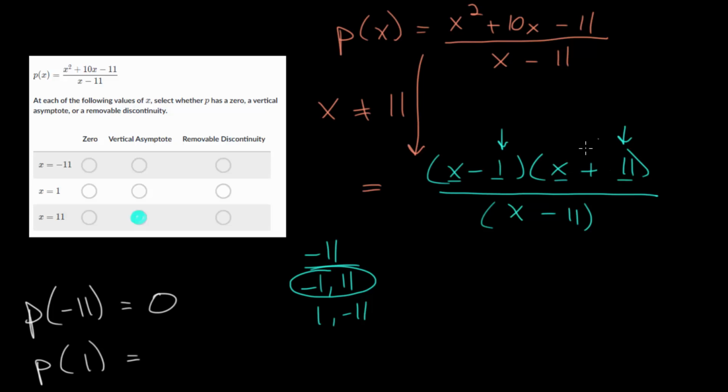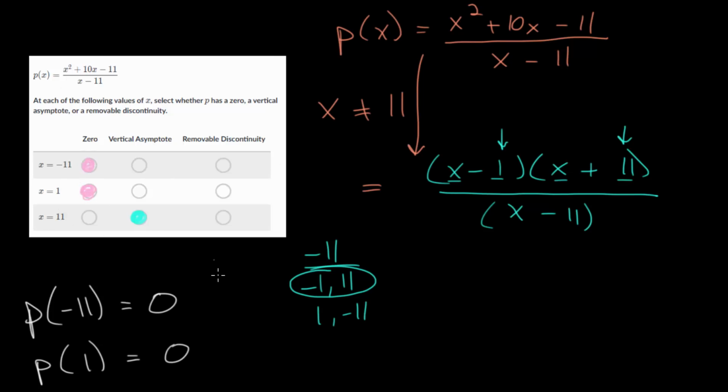And of course, 0 divided by some value that isn't 0 will always result in an answer of 0. So this is equal to 0 as well. And both of these, since they made the numerator 0, or the function equal to 0, are the zeros, or the x-intercepts, of the function. So each of these, we have a 0.